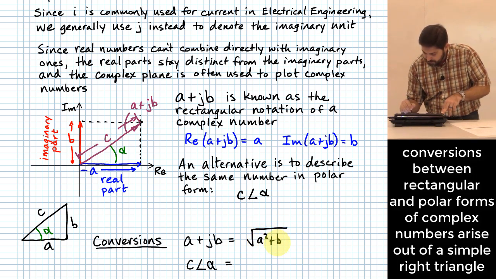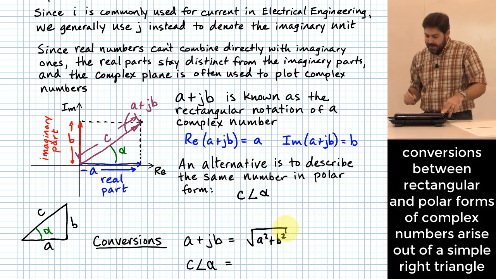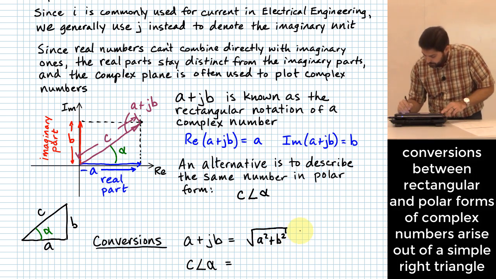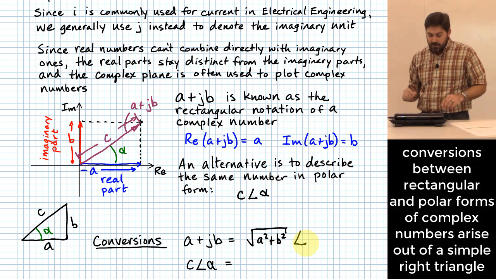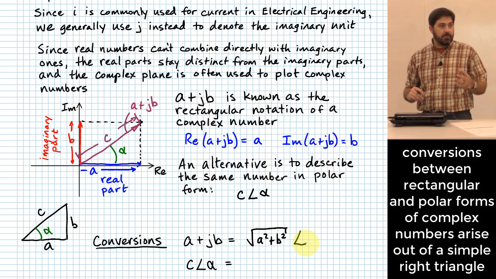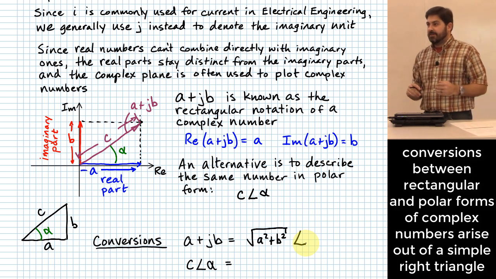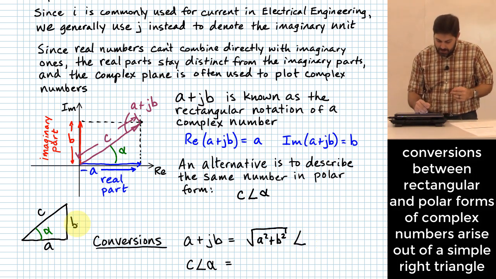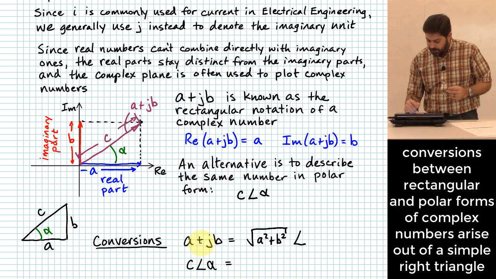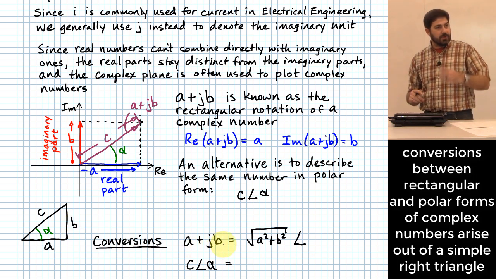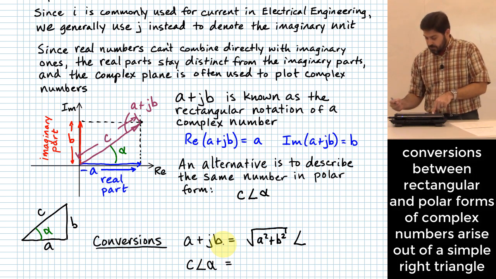A squared plus b squared. That's going to be the length of the vector. Then you put the angle symbol, and what's the angle going to be? I know we labeled it alpha there, but we want to express that angle in terms of the A and B terms, because if we're converting a rectangular form into a polar form, we want to express it in terms of A and B. So what do we do there?